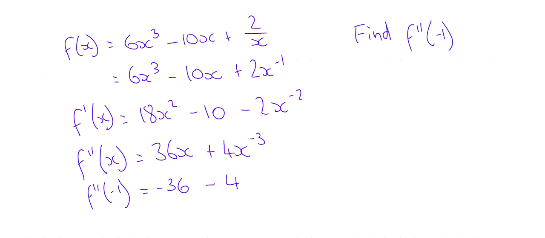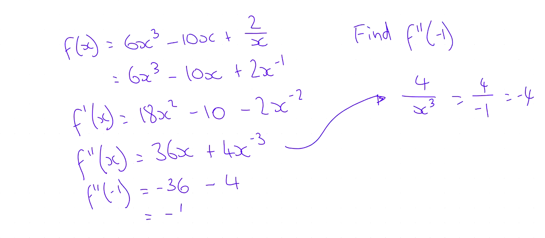Let's have a think about what this bit means. This means 4 over x cubed. If x is -1, -1 cubed is -1. 4 divided by -1 is -4. So this works. See what we're doing? 4 over -1, which is -4. So that becomes this. So it is -40. Well done.